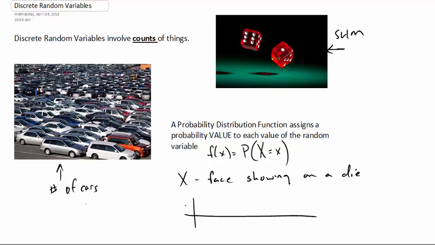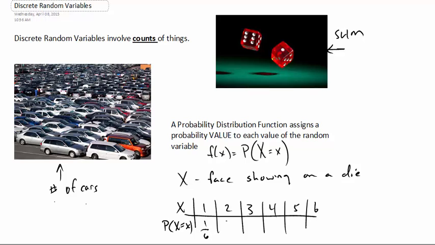We can represent this random variable using this table. The values that X can take on are 1, 2, 3, 4, 5, or 6. And if it's a fair die, that is, if one face is not more likely than the other, the probability that X equals 1 is 1/6.